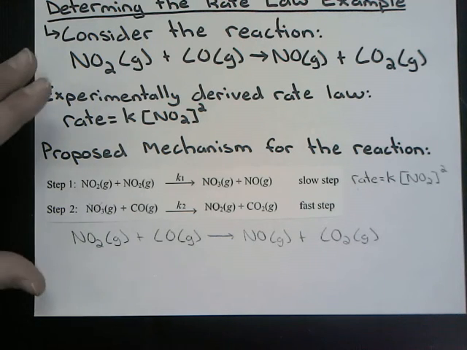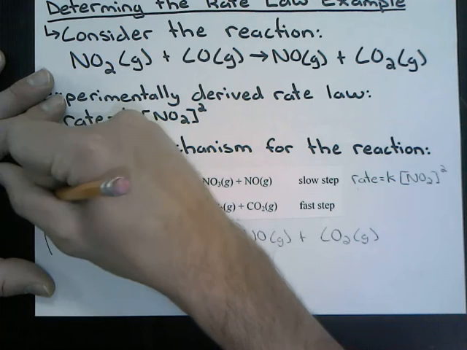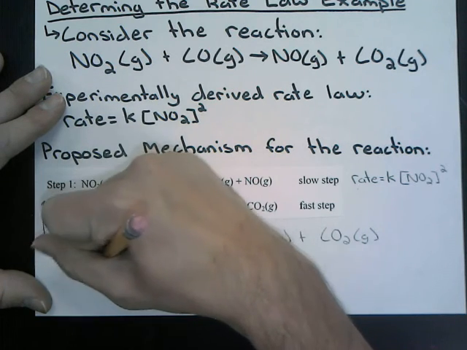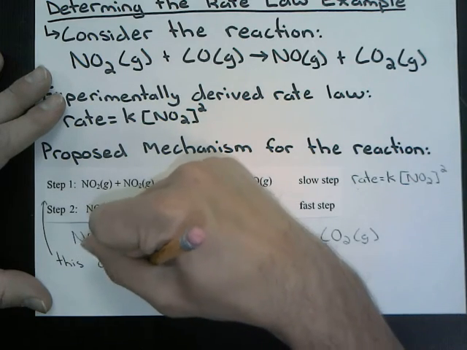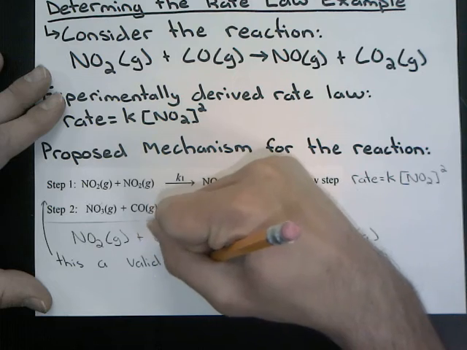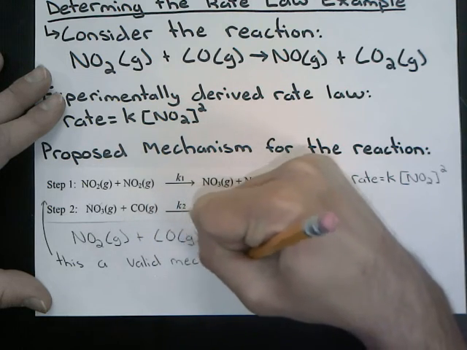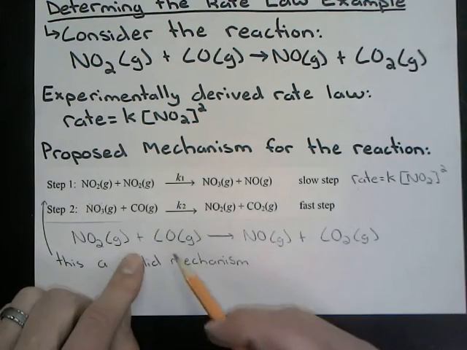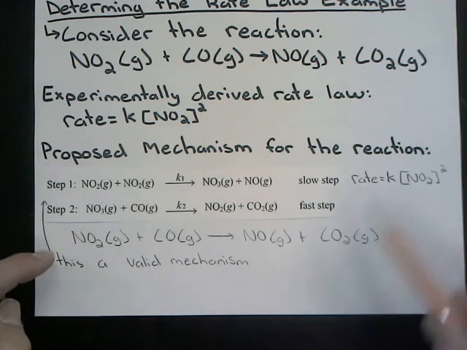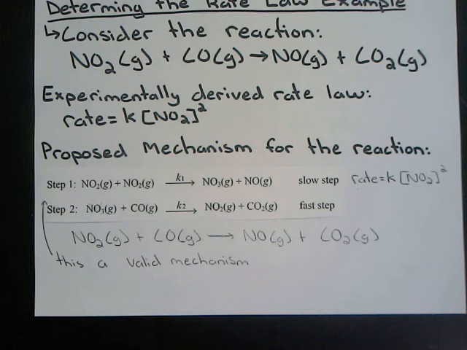So what we end up writing here is that these steps are a valid mechanism, because when we added them together they equal the same reaction, and the rate laws were equal, which were determined by the rate determining step.